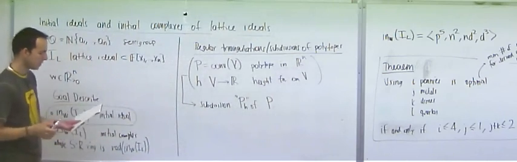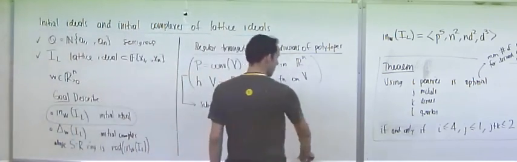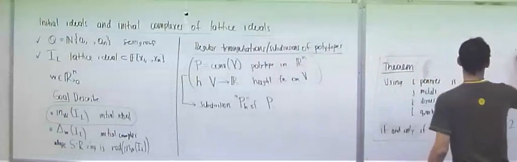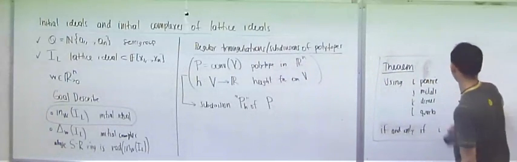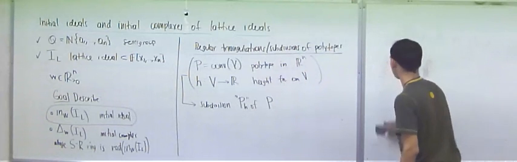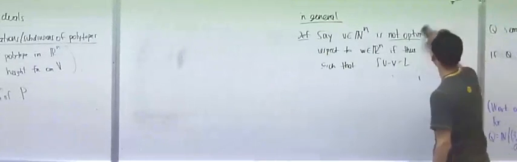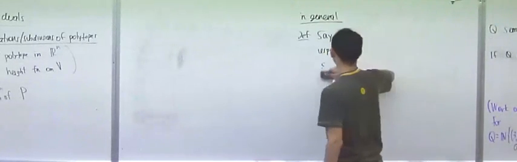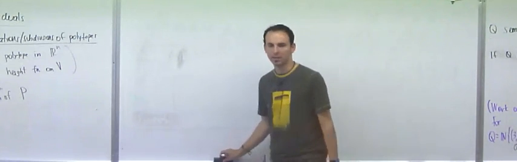Okay. So here's what I'm going to do. We're going to take this polytope that lives in Rn, and then we're going to take the heights to make this polytope live in one dimension higher.